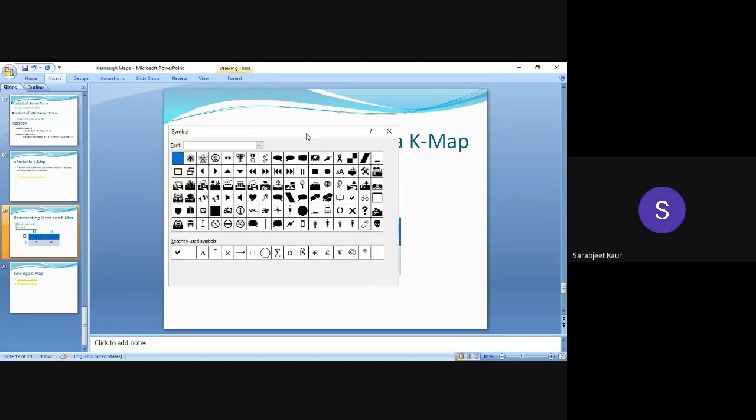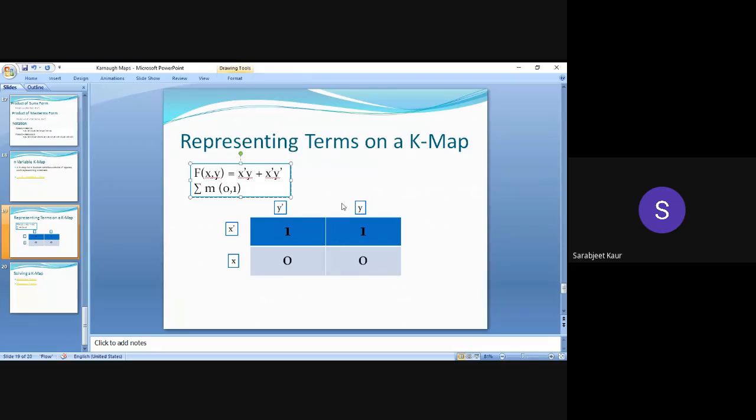Let me get the sigma symbol. Even if I got the same expression this way, I would have still written it this way.